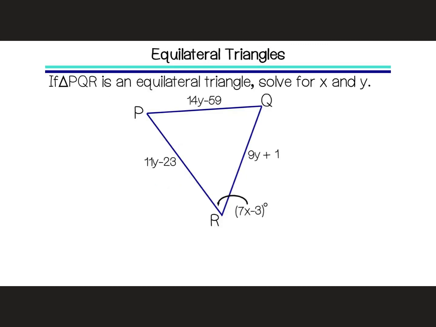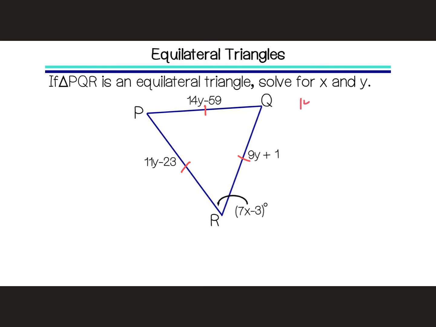Here's another example. Triangle PQR is equilateral. Solve for x and for y. If we take a look at the sides, we know that the sides are all the same, so I can set any two of these equal to each other and solve.